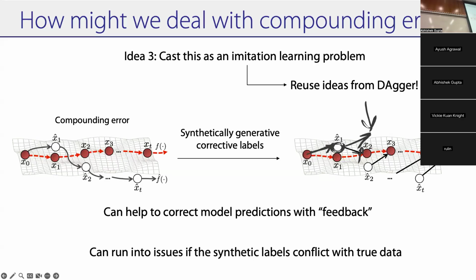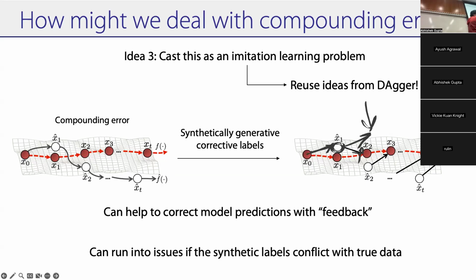Because you're generating these fake synthetic labels, the synthetic labels might conflict with the true labels, and that's when you run into trouble. What these fake labels are doing is telling you to go back to your data. But if your true data actually says that from here you want to go somewhere else, then you run into a bit of a problem, because you're going to have some averaging problems.